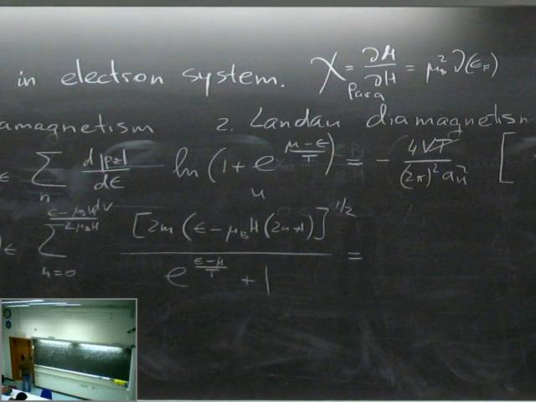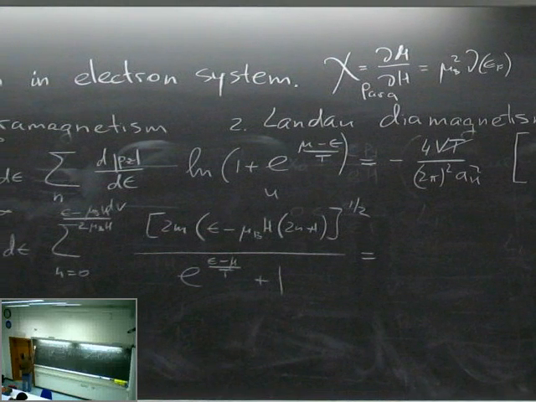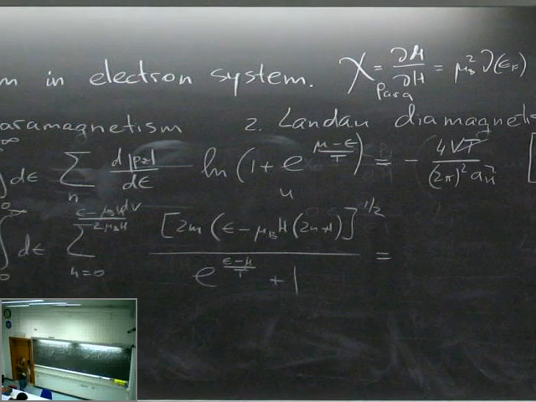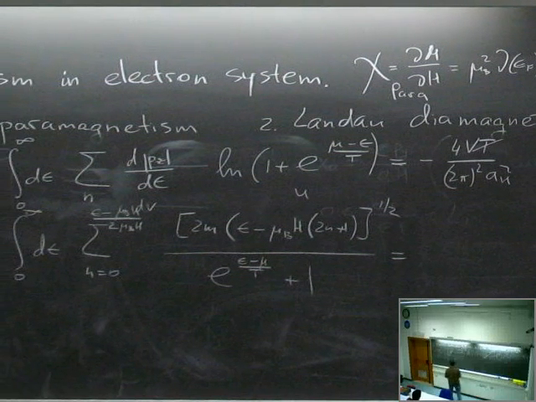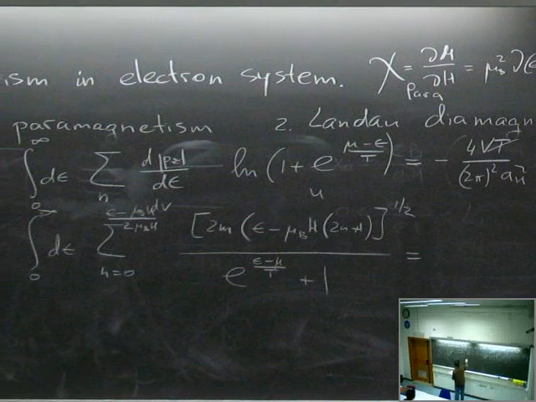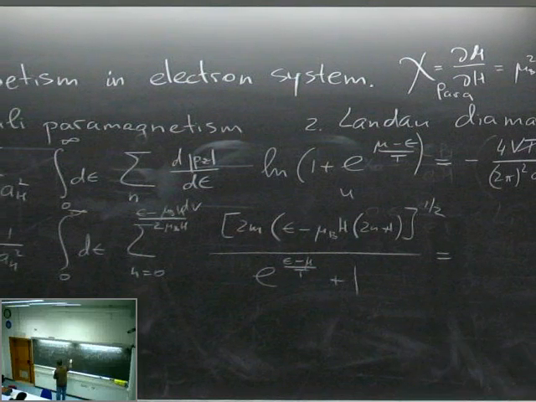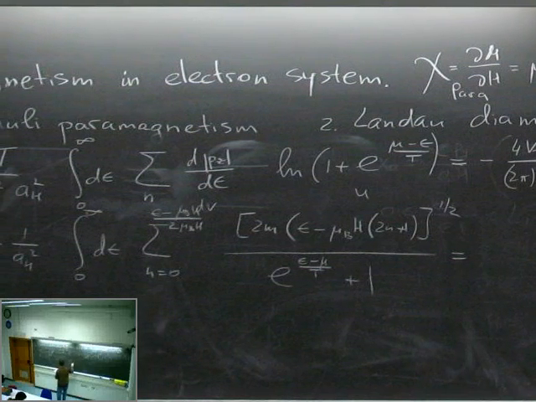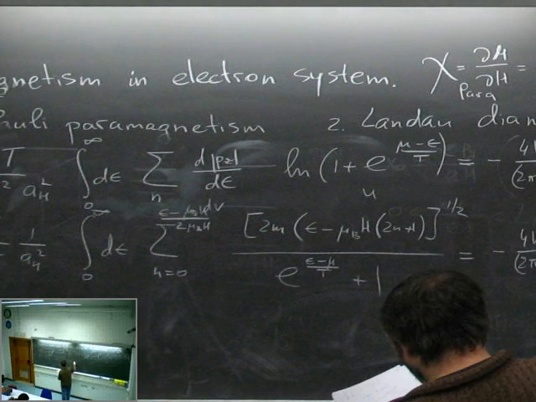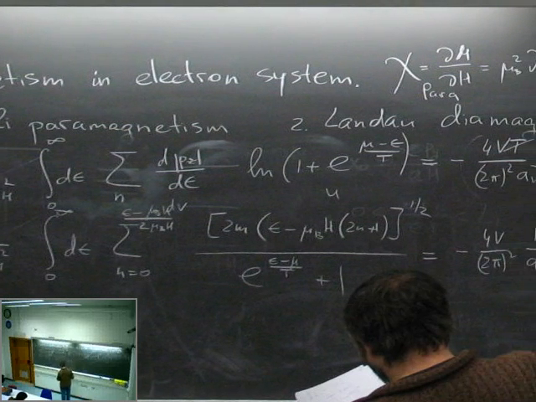So what I need to say is that I'm in this limit, and this is always like that. This is 4V over 2 pi squared, 1 over h squared, and here I have the integral from 0.